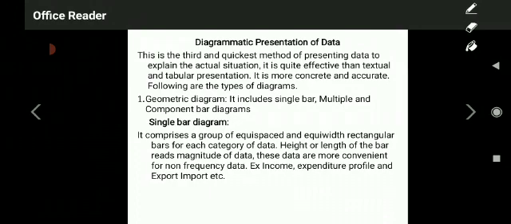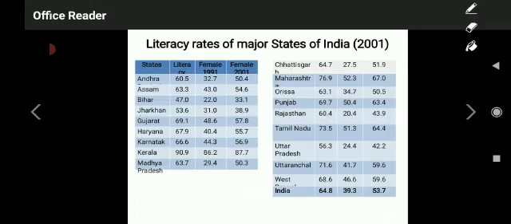The height of the rectangular bar shows the maximum amount of data, the highest level of the data, and it gives a clear magnitude and result of that particular situation. These diagrams are more convenient for non-frequency data, for example income, expenditure profile and export and import profile. Hope you understood.